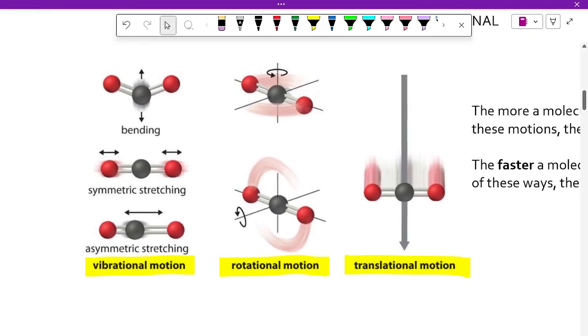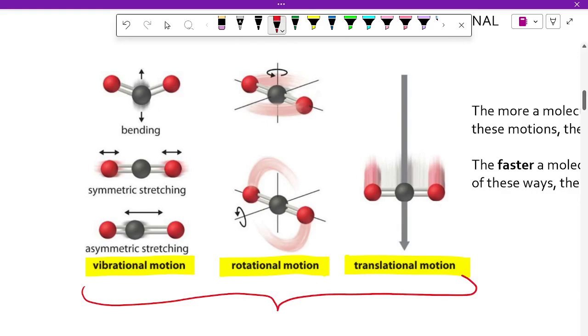Translational just means it's moving through space. You can have something that is rotating and vibrating and translating all at the same time, which is what molecules mostly do. All of these together contribute to the kinetic energy of the molecules.